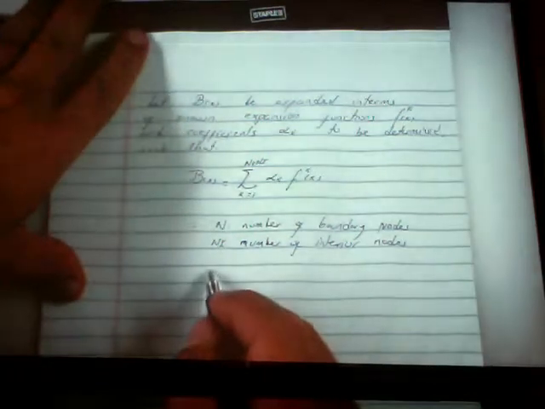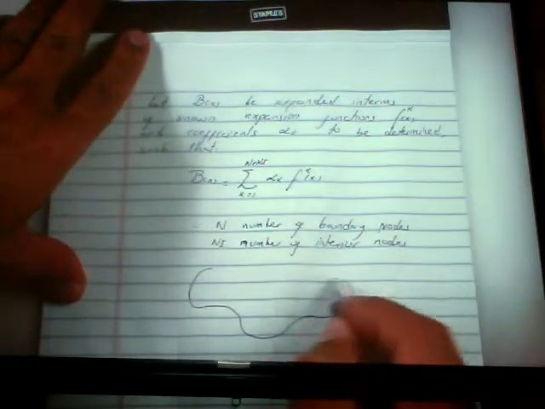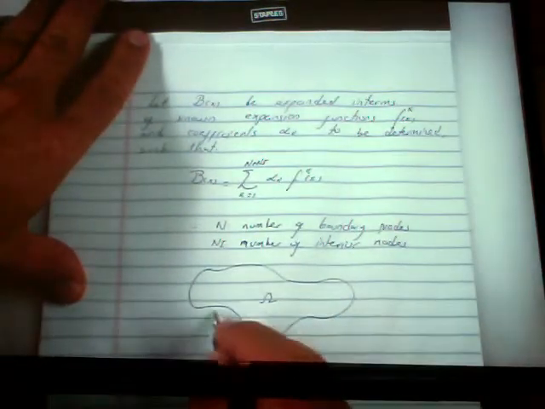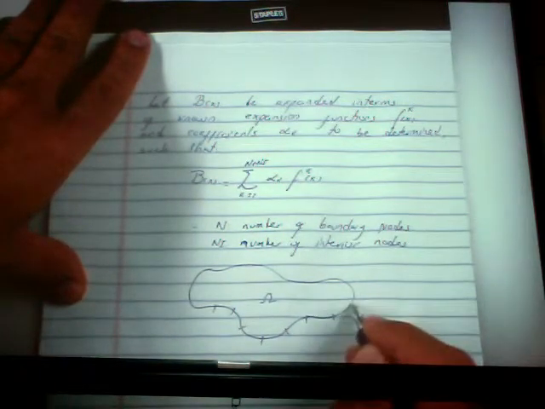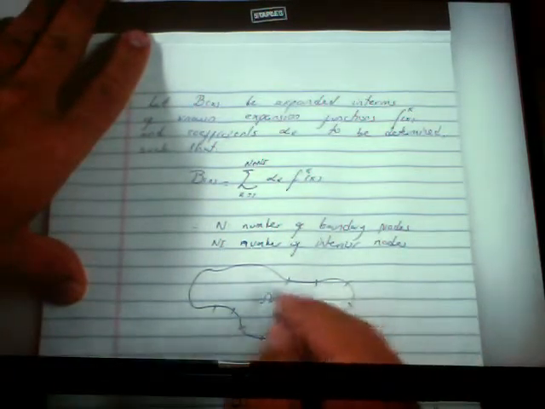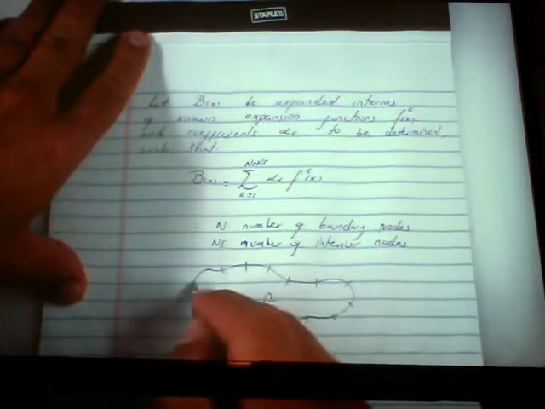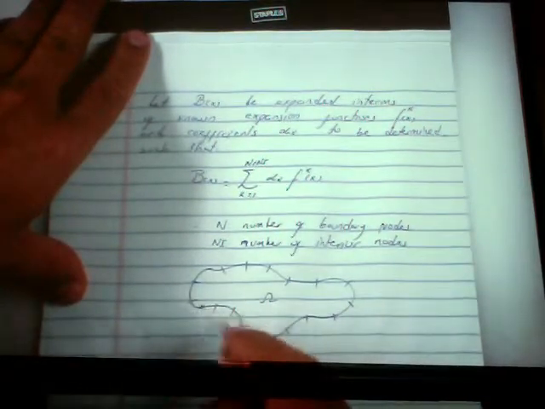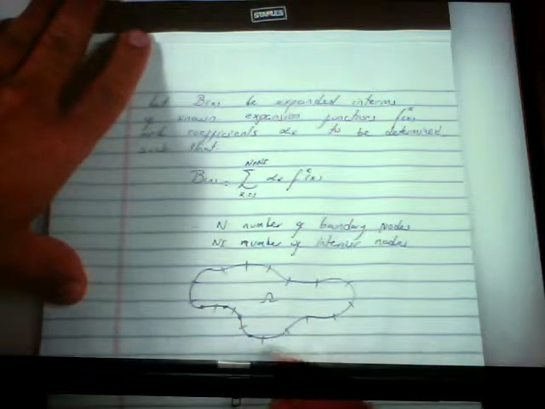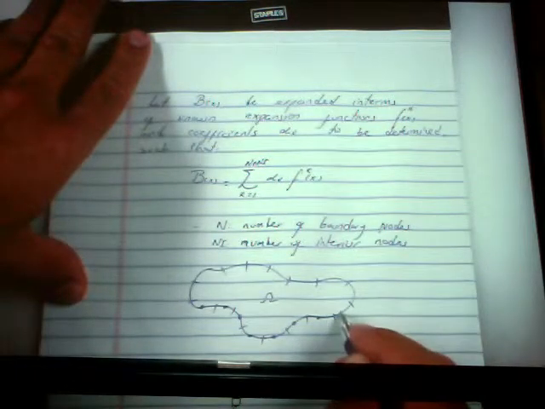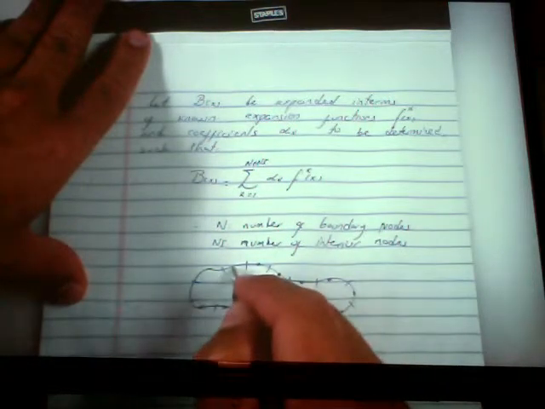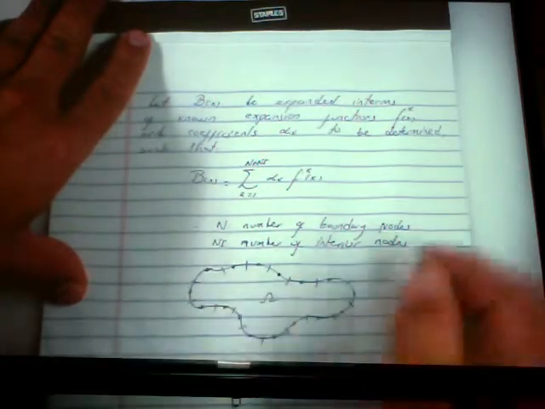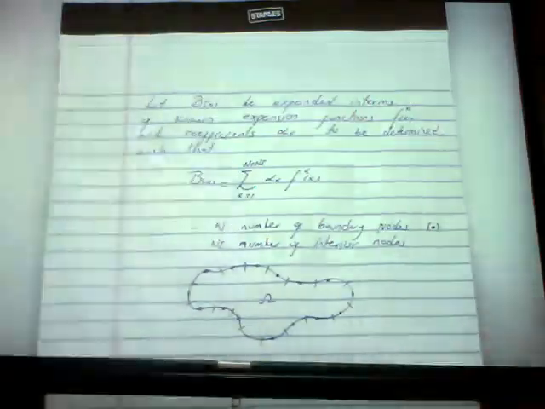So basically, if this is your domain, you're going to have some boundary elements, and then you're going to have these points on the boundary. Those are the nodes that correspond to the center of each element. So these are the dots.